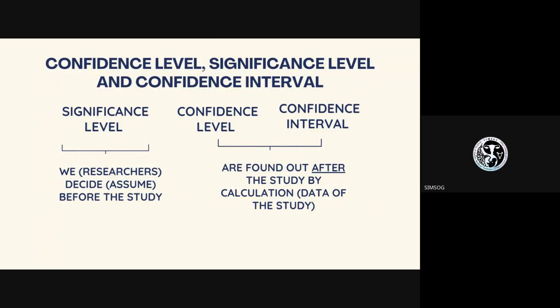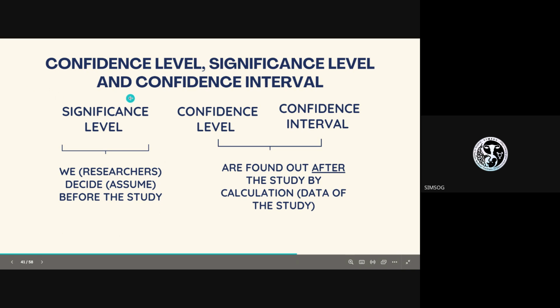Okay, but there is this one concept which people get confused a lot about: the confidence level, significance level, and confidence interval. Now I'll differentiate the two. Remember, your significance level is what we researchers decide or assume before the study. Remember this very carefully.